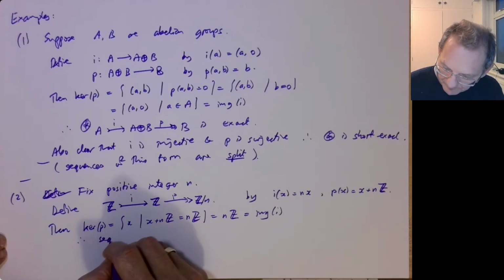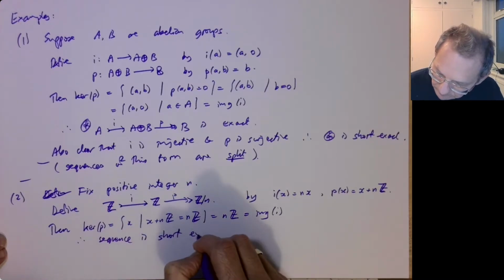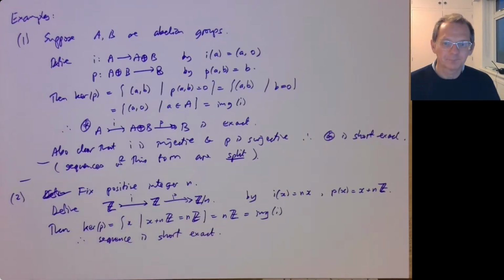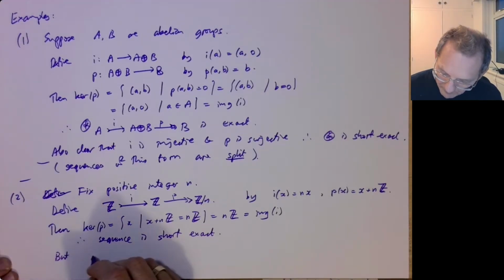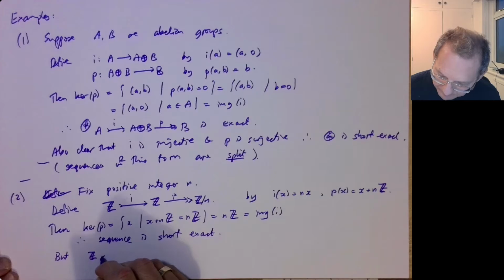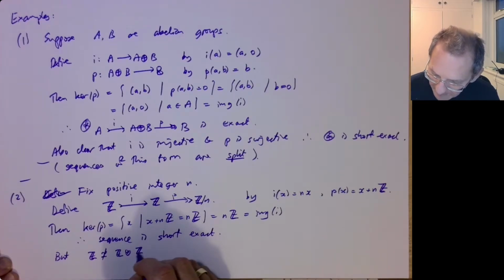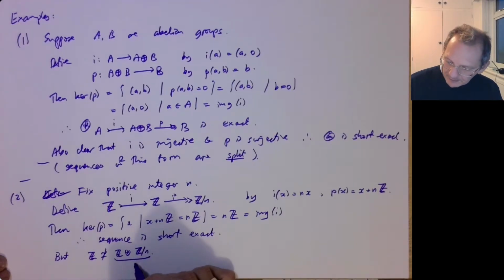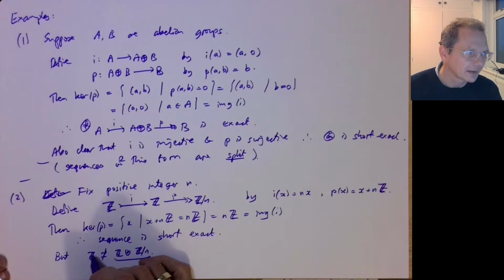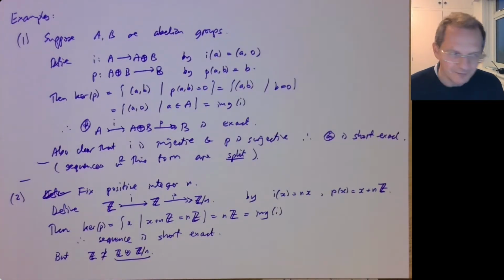So the sequence is short exact, but Z is not isomorphic to Z mod n, right? I mean, the group on the right certainly has some elements of order n, whereas in the integers every non-zero integer has infinite order.